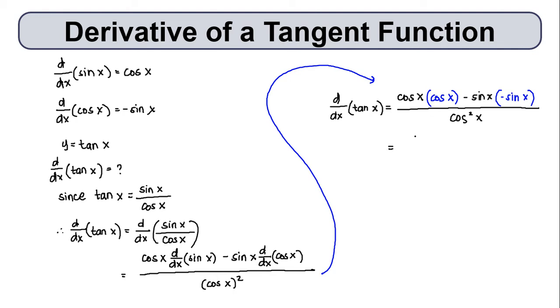We now have, ito magiging cosine squared x, plus, so ito magiging plus na siya, no? Dahil negative. Plus sine squared ng x. So, divided by cosine squared ng x.